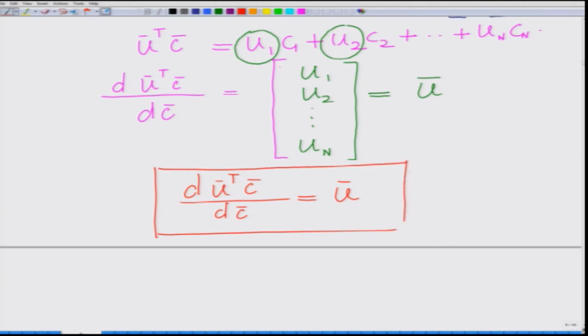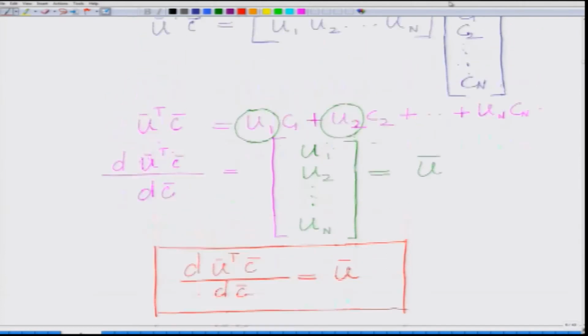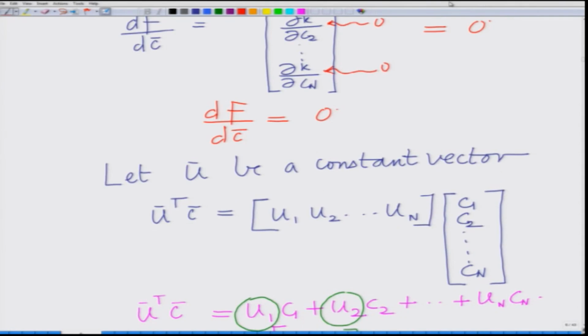The previous result we have is for the constant, that is, when f of C bar is a constant, the derivative with respect to C bar is equal to 0.